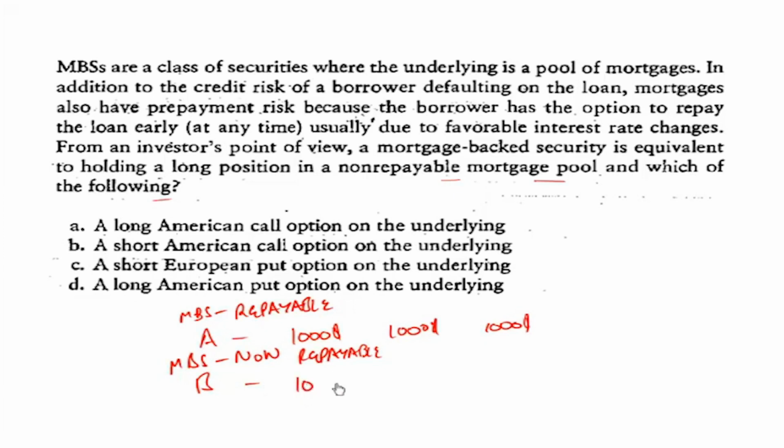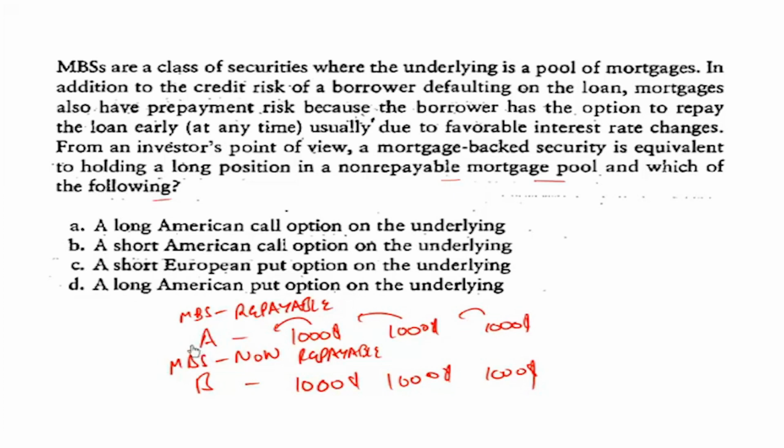And on this also, the expected payments are $1,000. Now, from the perspective of the bank who is holding these mortgages, the bank is holding the mortgages because the bank is going to be receiving the payments.